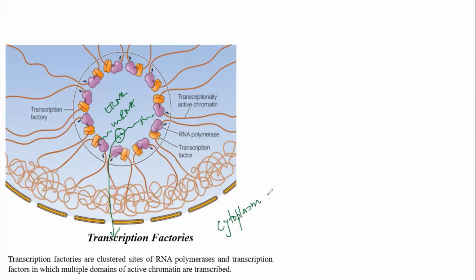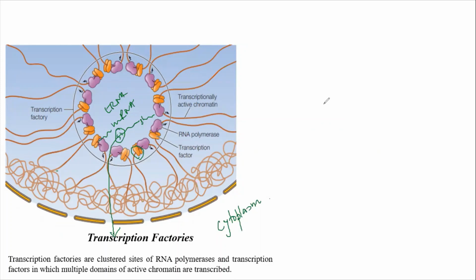Clear? Even though right now in this figure we show only one transcription factor, you remember how many transcription factors we need. Now, are you able to imagine how inside the nucleus all these things are getting arranged?